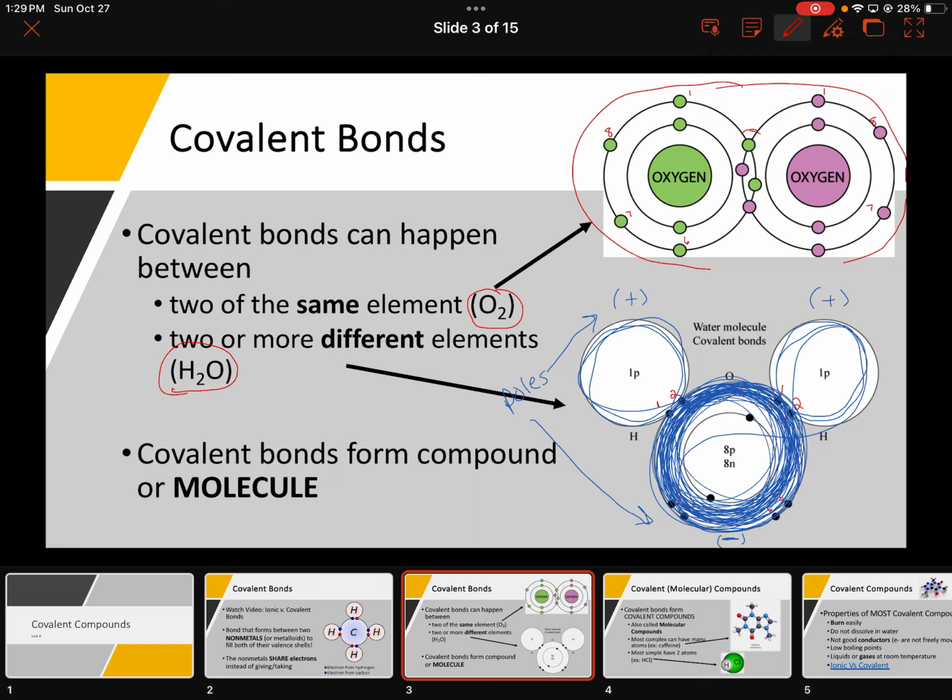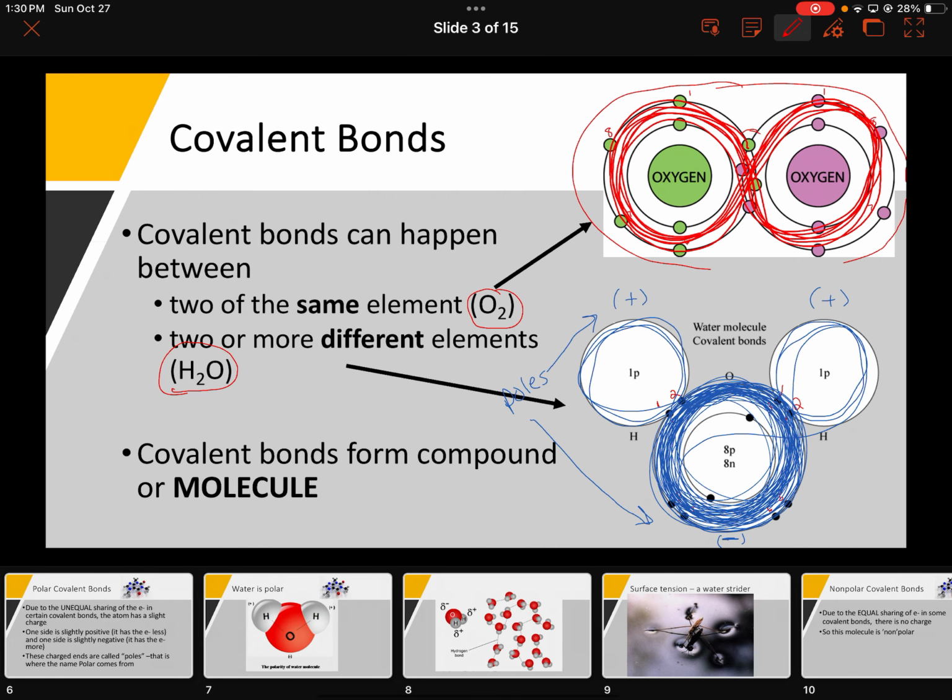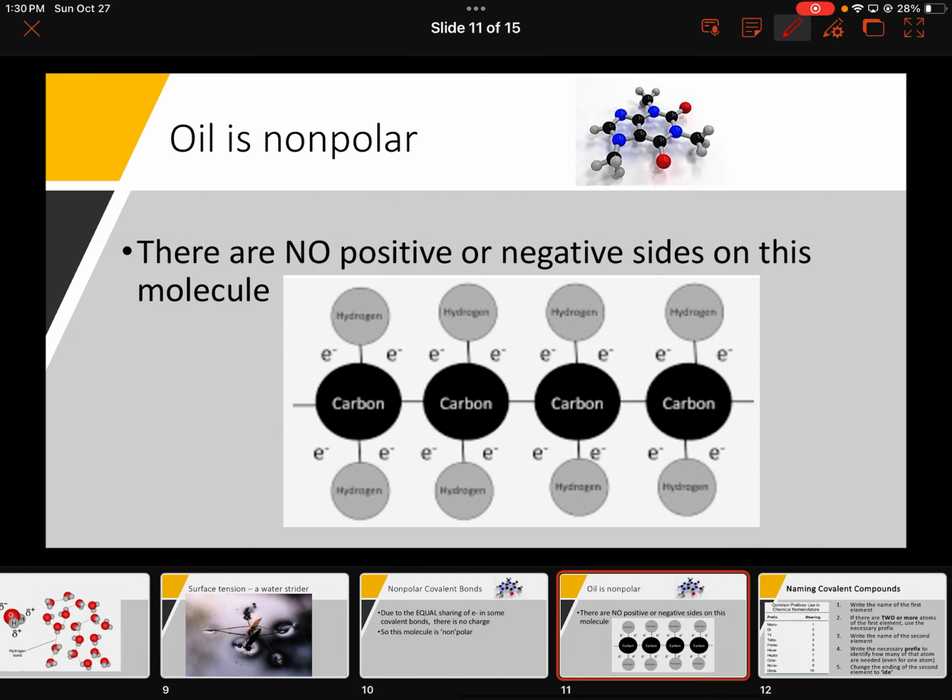So in terms of nonpolar covalent, oxygen shares equally with oxygen. And so those electrons spin equally. They're spending the same amount of time on both sides. And since those electrons are spending an equal amount of time, we call that a nonpolar molecule. There are no poles.